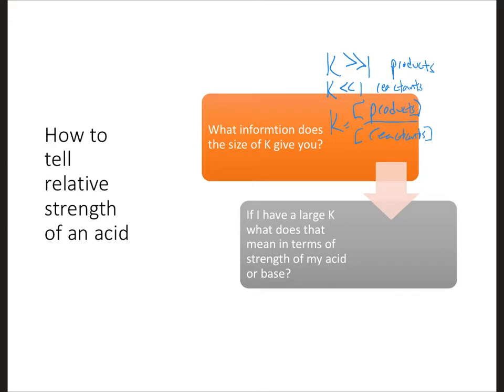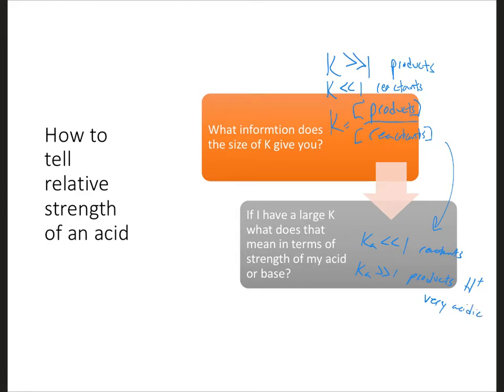So that K information translates down here to the Ks associated with acids. If we have a Ka which is much less than 1, that means we're going to favor the reactants. If we have a Ka that is much greater than 1, we're going to favor the products, where the products are going to include that H+, which means very acidic.